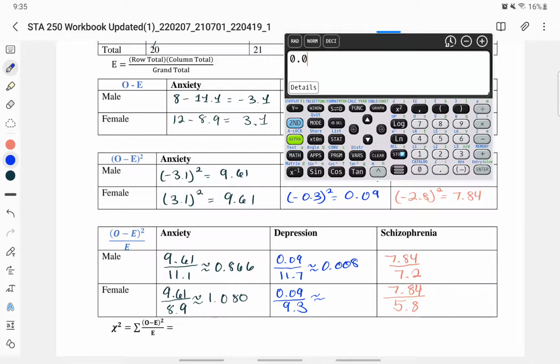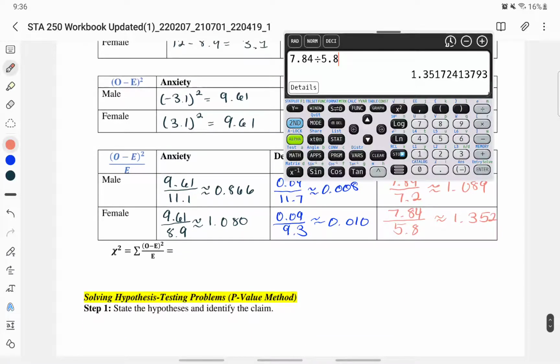Then we have 0.09 divided by 9.3. That is 0.010. 7.84 divided by 7.2 is approximately 1.089. 7.84 divided by 5.8 is 1.352. Oh, this is a lot, and it's annoying as hell.